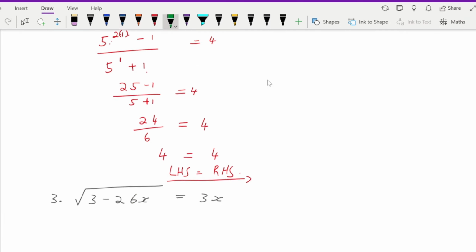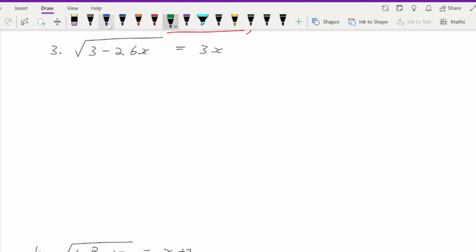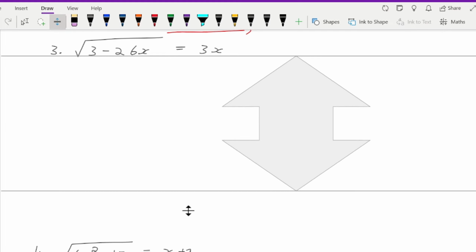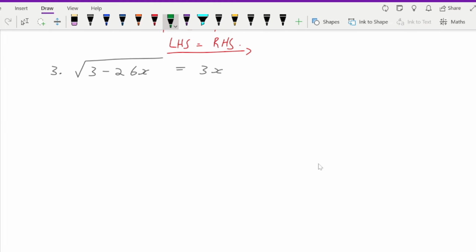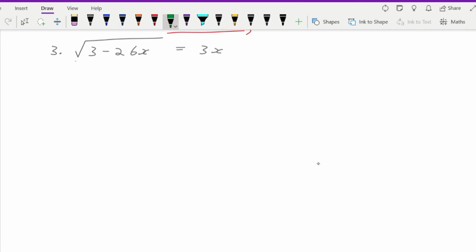Okay. So moving on to the next question, these ones are a bit different because everything is rooted. So to solve these, we can remove the root by squaring, because remember, the root is an inverse operation of an exponent.